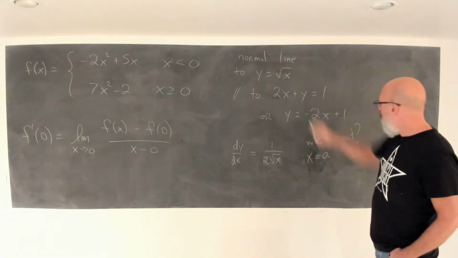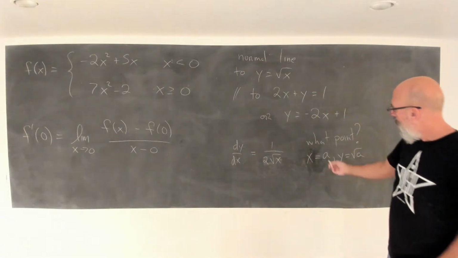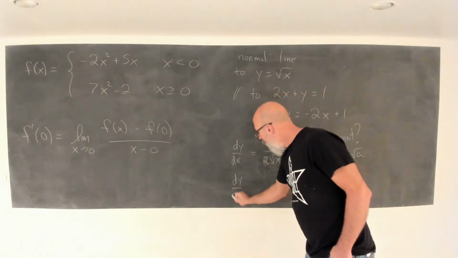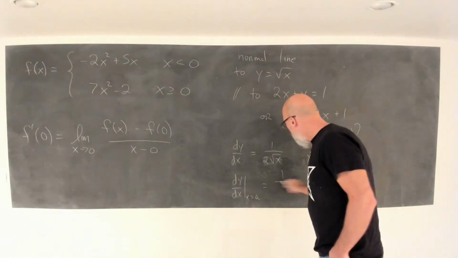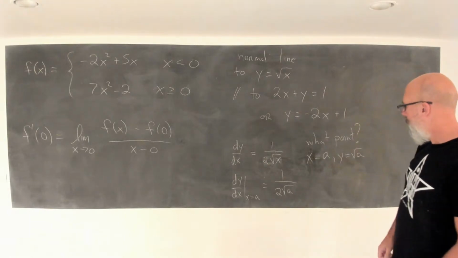When x is equal to a, y is equal to root a. And at this point the derivative is this.